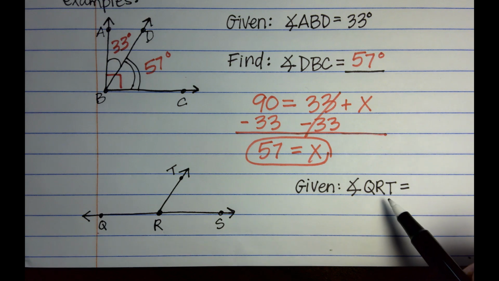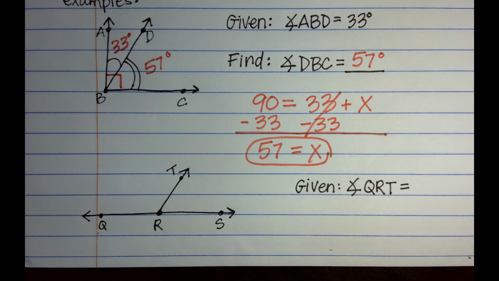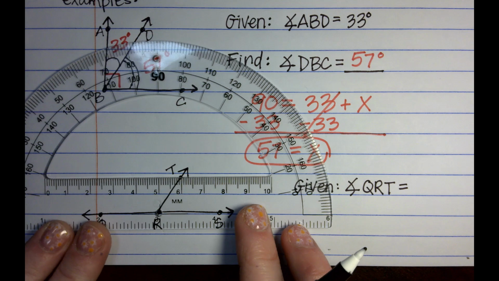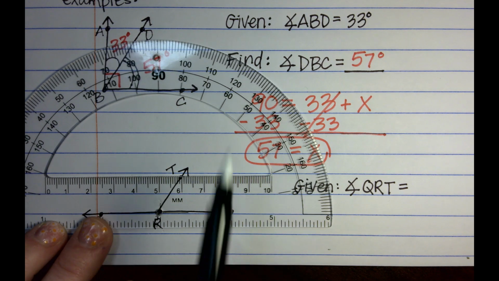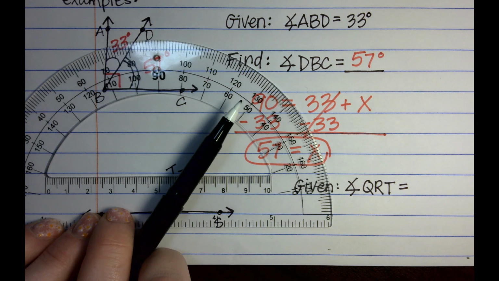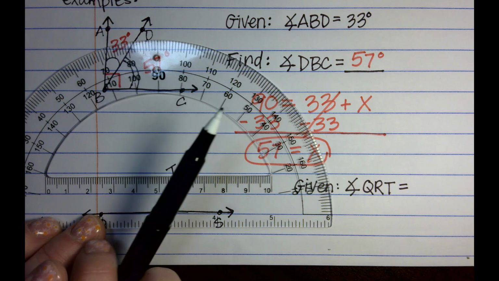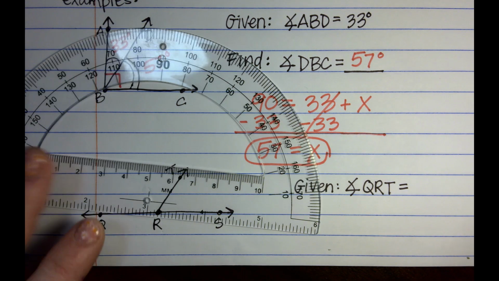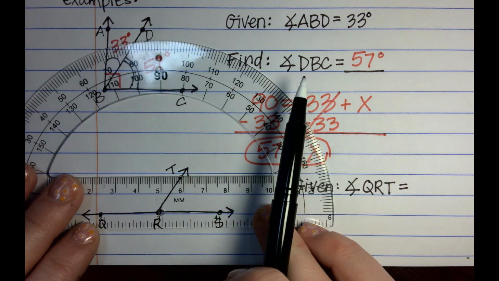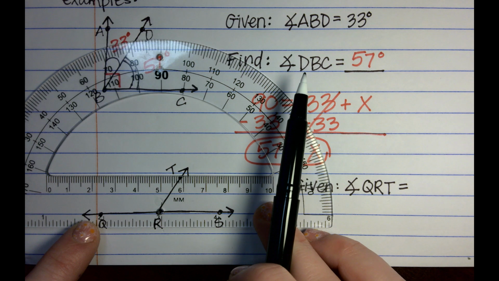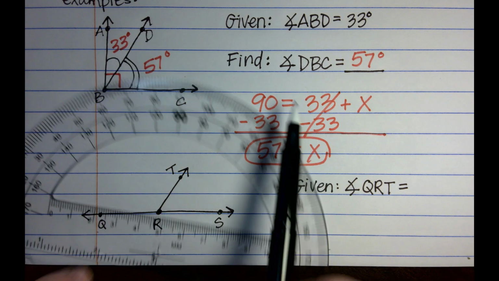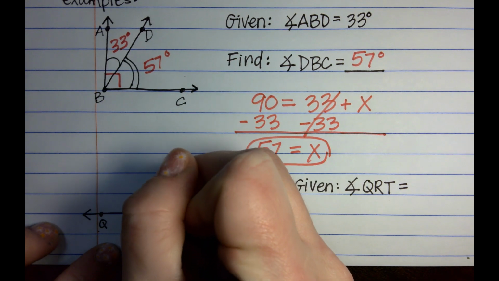QRT. Angle QRT. Let's say, gosh, what's a good estimate for that angle? That would be roughly 125. Close-ish, maybe. Maybe 120. Let's just say it's 120 degrees.